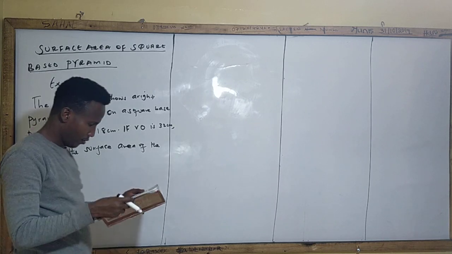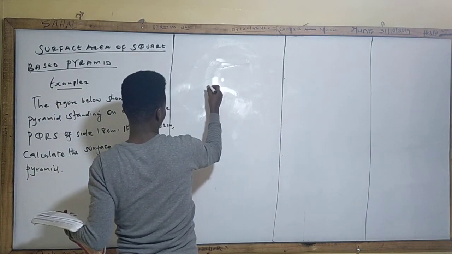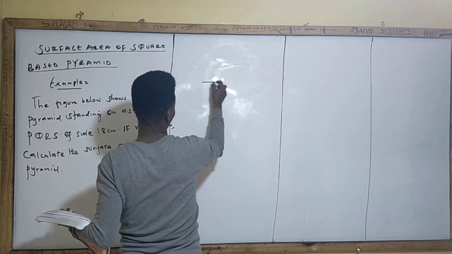Calculate the surface area of the pyramid. So this is what you have. We'll draw the diagram. It's taking this shape.